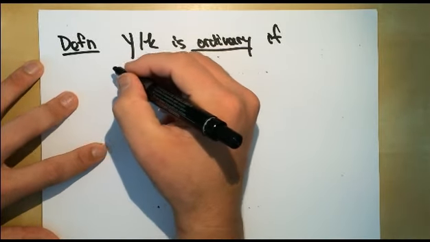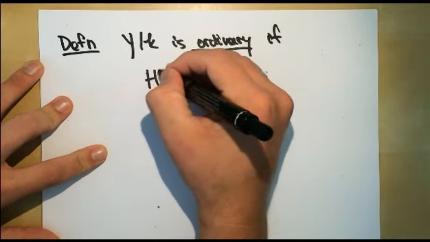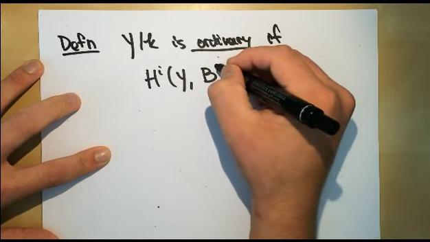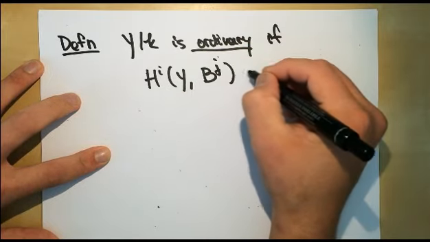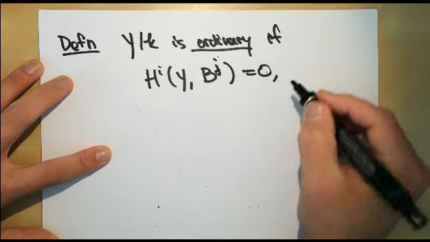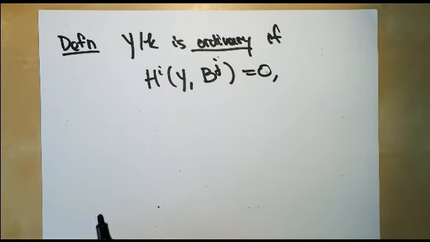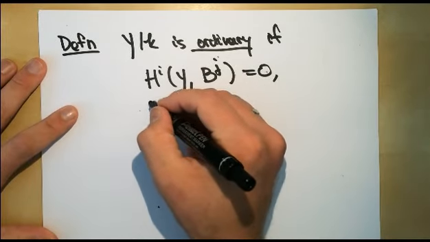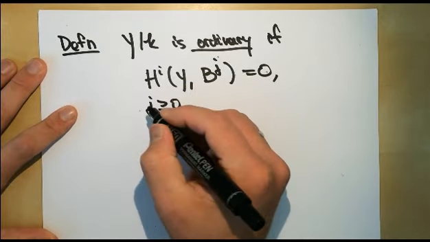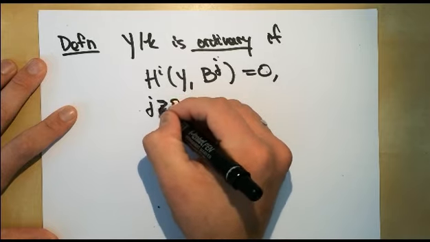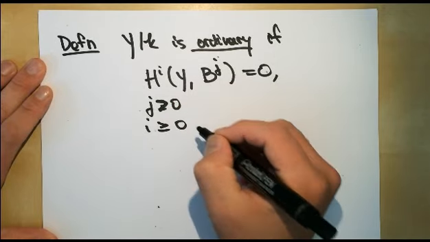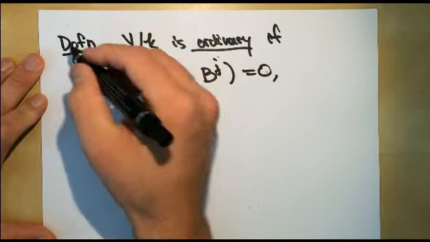So for these H^i, Y, and then we take the jth one of these is 0. This is true for j strictly bigger than 0, and i bigger than or equal to 0. Okay, so this is what it means to be ordinary.